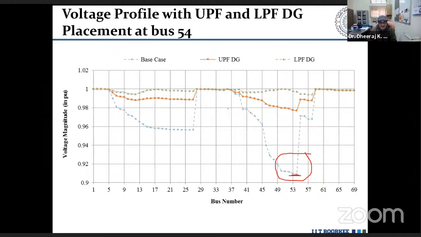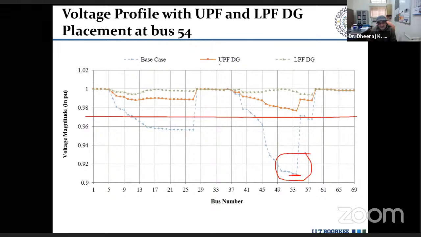When we place DG, there is a significant improvement in the voltage profile with both types of DG, unity power factor operation and load power factor operation. Now voltage at all buses is more than 0.97 per unit.